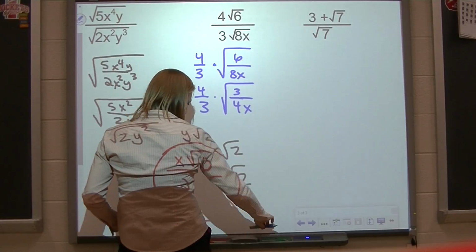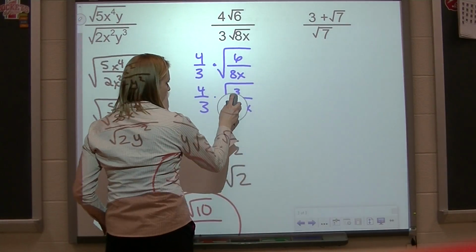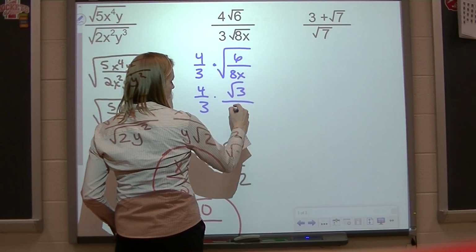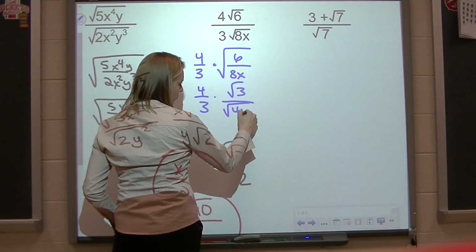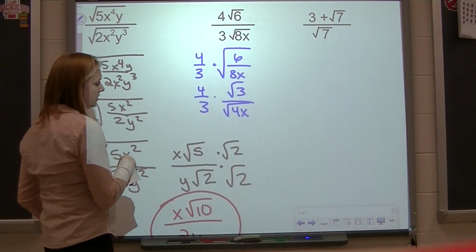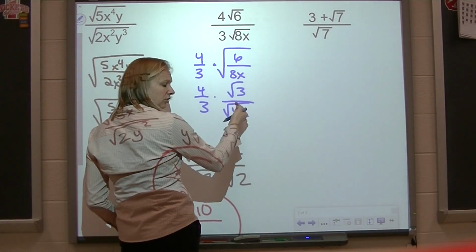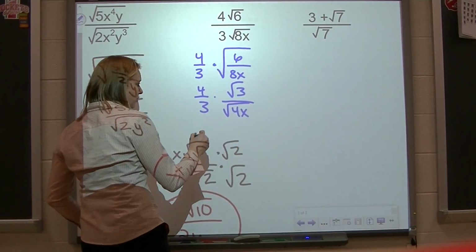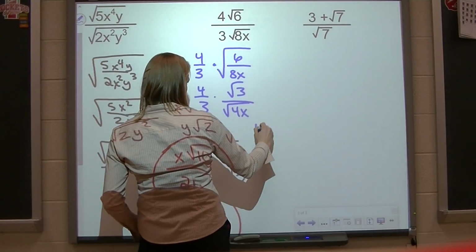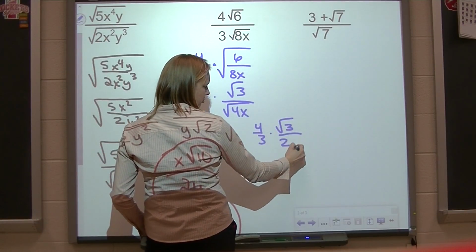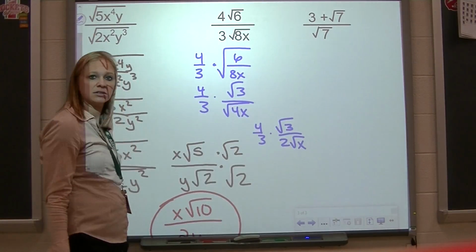So this is actually 4/3 times the square root of 3 over the square root of 4x. And then the square root of 4x, well the square root of x we can't do, but we can do the square root of 4. So really, this is 4/3 times the square root of 3 over 2, the square root of x.